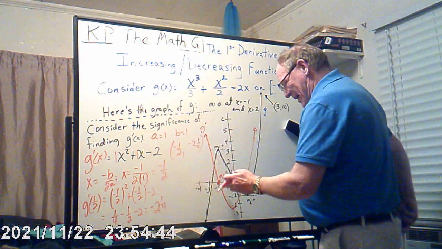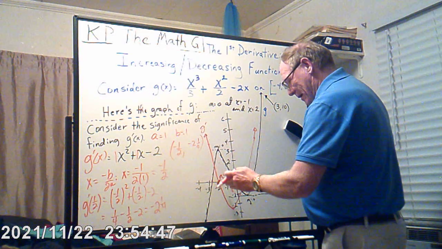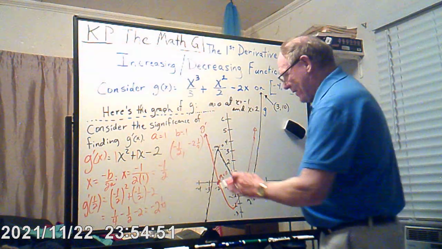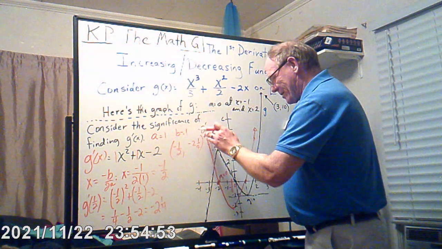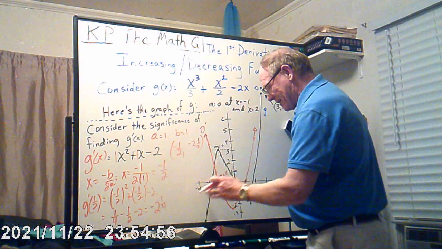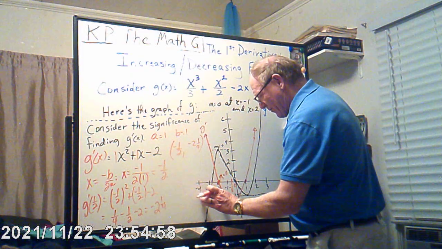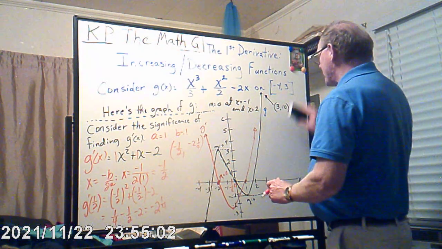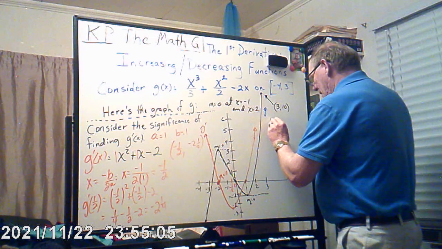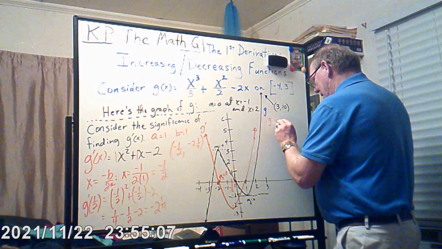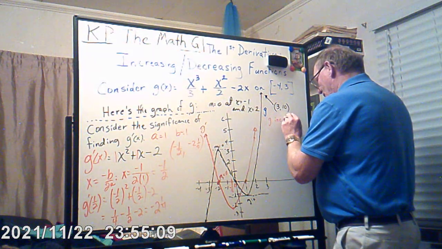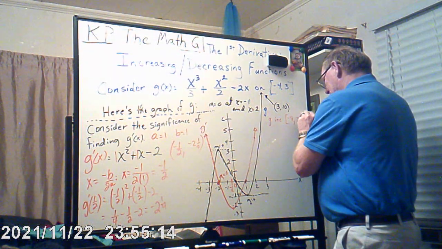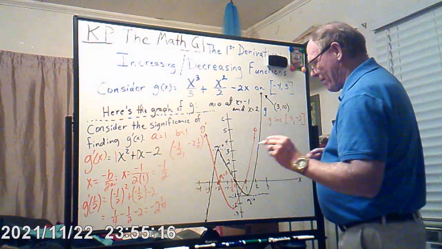So as long as we are above the x-axis, that means that this graph G is increasing on the interval from -4 to -2. So let's put this up here, that G is increasing on the interval from -4 to -2. All right, it's increasing there.